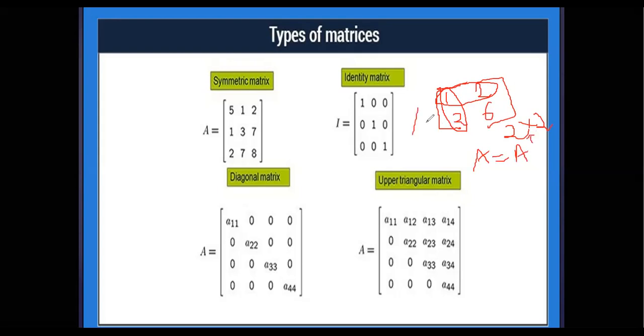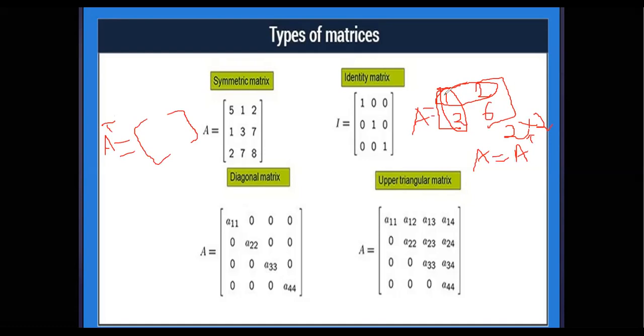For example, suppose it is our matrix A. Now we'll find A transpose. What is the meaning of A transpose? Interchanging of row and column.